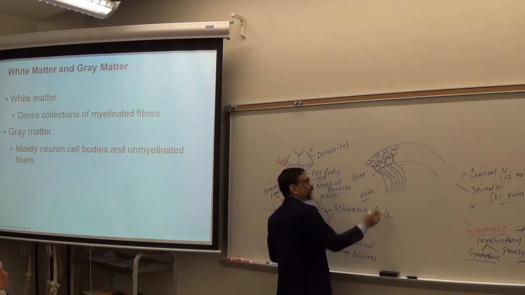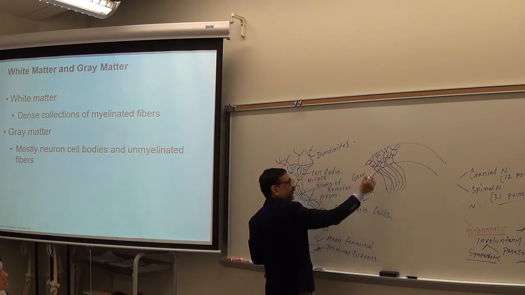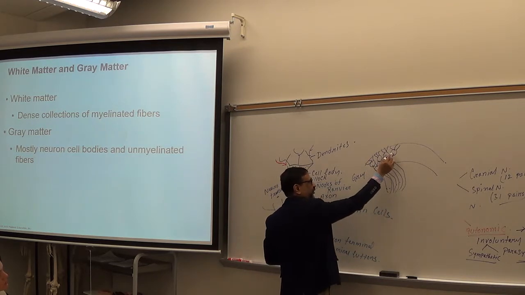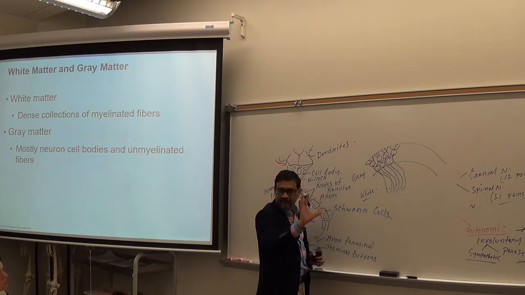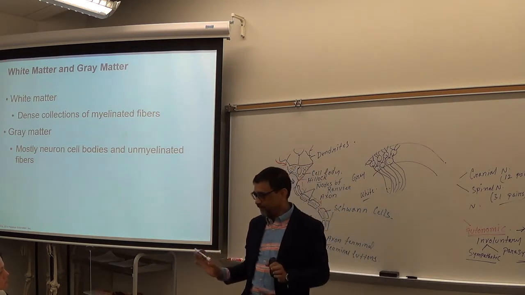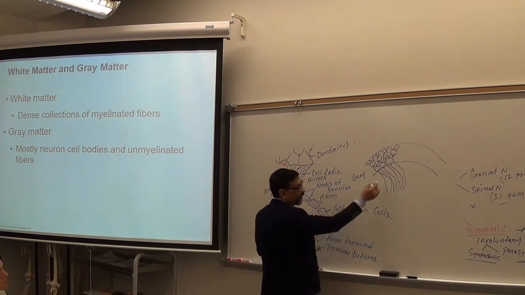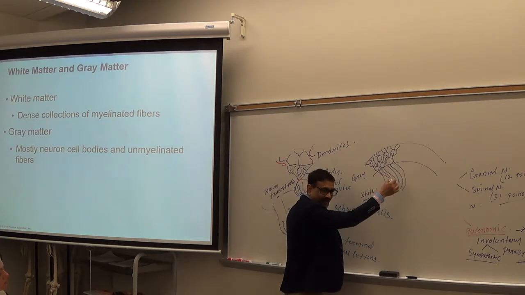Okay, so in the gray matter part, you will see many cell bodies and dendrites. Is it clear? In gray matter, you will see many cell bodies and dendrites. And in white matter, you will see what? Many axons. Is it clear? These are the axons, right?